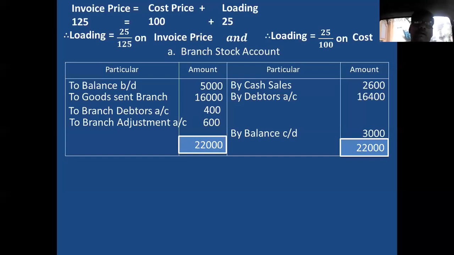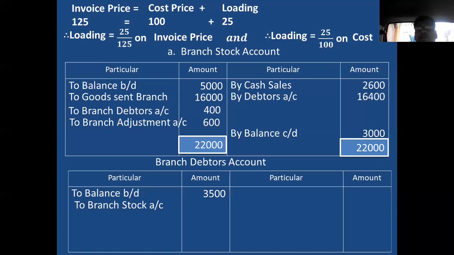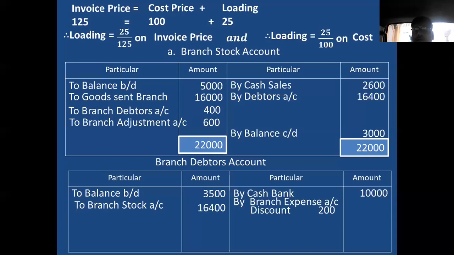Then come to the debtors account. In the debtors account, to balance brought down, 3,500. Then to branch stock account, credit sale, 16,400. Two items completed. Come to the credit side: by cash, 10,000. By branch expense, under that discount, 200 rupees.